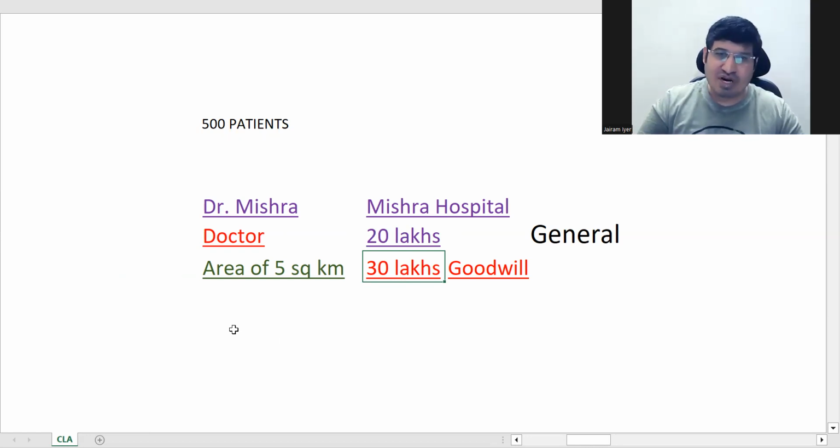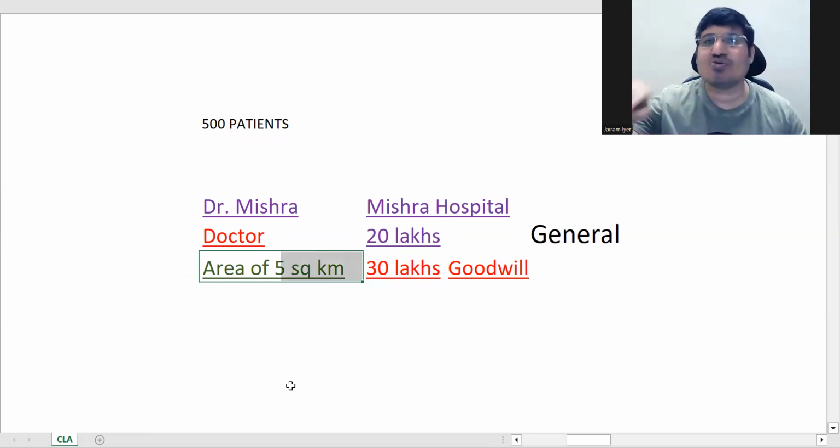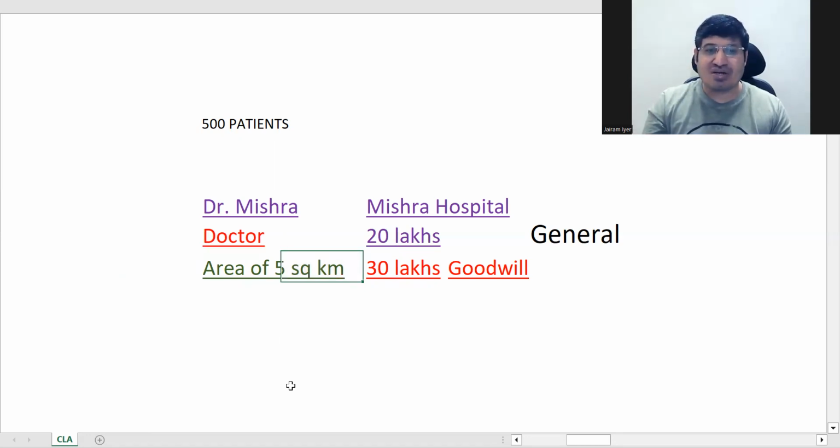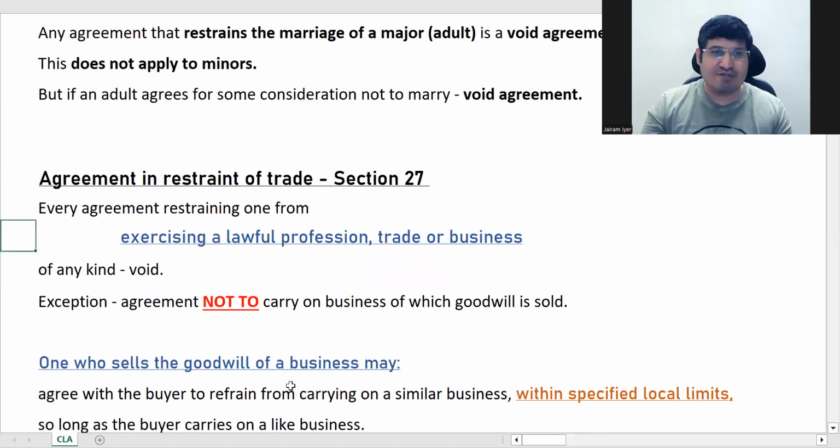Isn't it getting the point, right? Which is why when goodwill is sold, he can be restrained from having business in this area of 5 square kilometers. Only then will these people come to the other doctor. I hope you got this point.